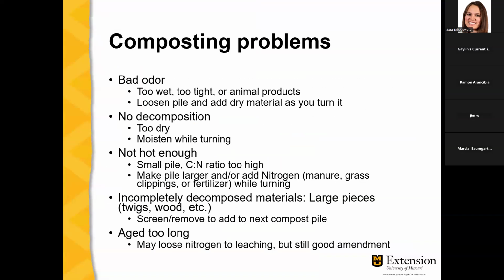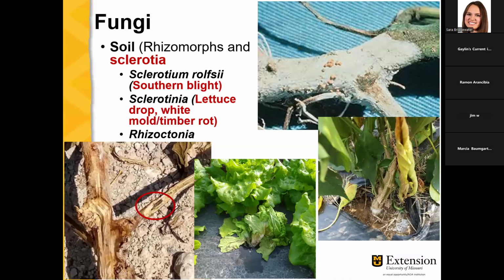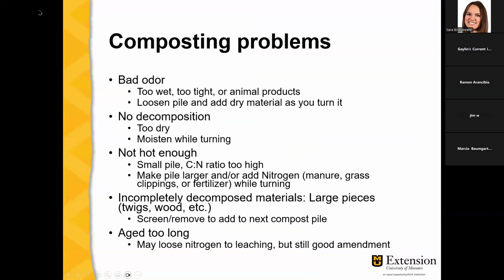So, composting problems. We already talked about the diseases and other things. Bad odor means the pile is too wet, or too tight with not much air, or has too many animal products. So you need to loosen the pile and add a dry material to reduce the wetness.